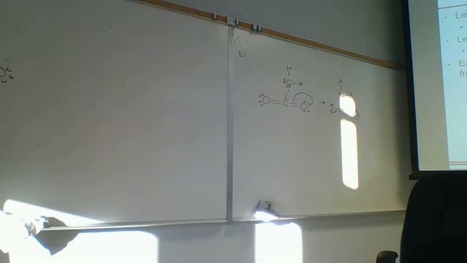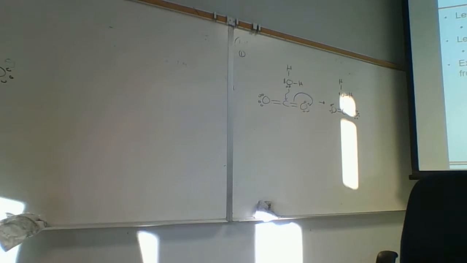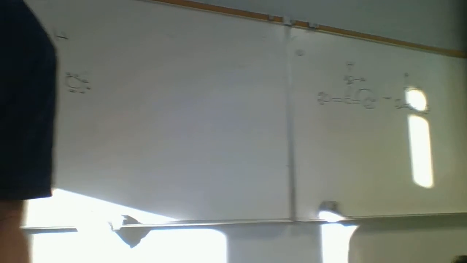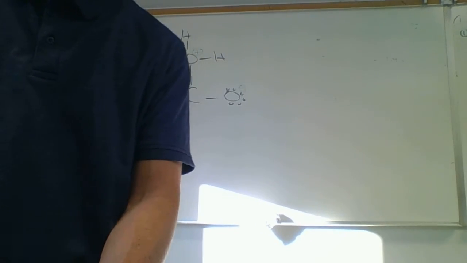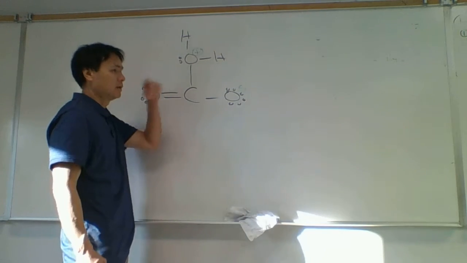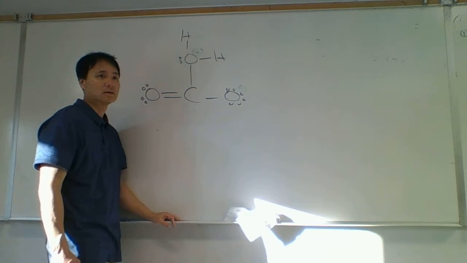What's the normal electronegativity of oxygen? Around 3.5. But if you put a positive charge on oxygen, do you know what's going to happen to its electronegativity? Is it going to go up or down? Like a positively charged atom, is it going to want the electrons more or less?